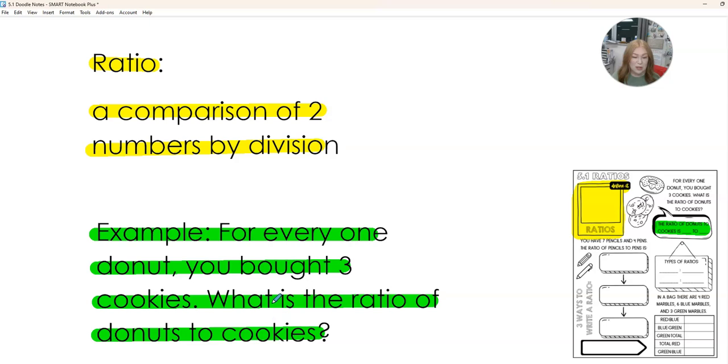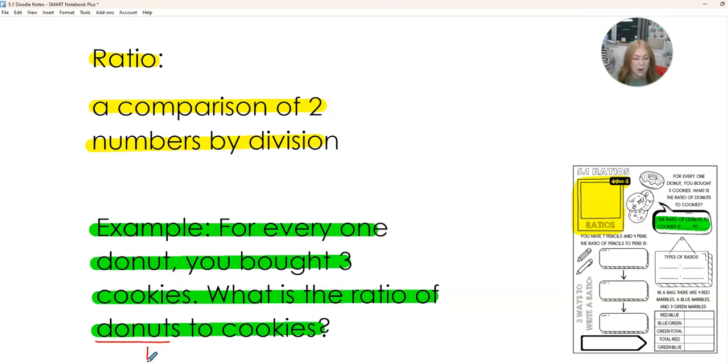It wants to know how many donuts we bought. Well, we bought 1 donut to how many cookies did we buy? 3 cookies. So the ratio of donuts to cookies is 1 to 3. So we're just comparing those numbers. I bought this many donuts, this many cookies. So make sure you have that part filled out there.